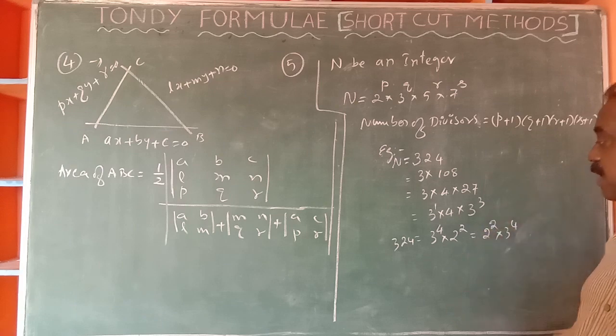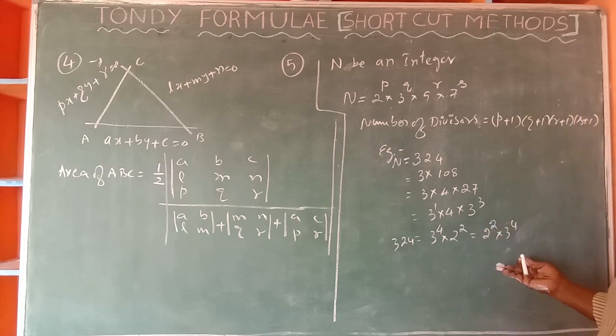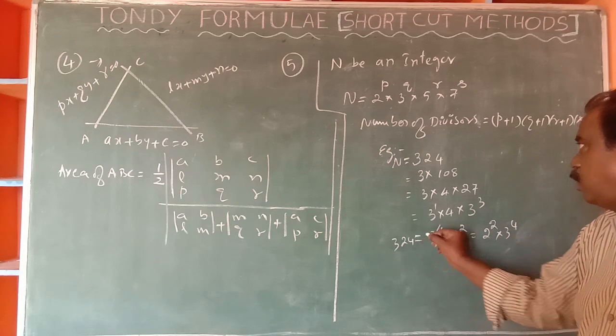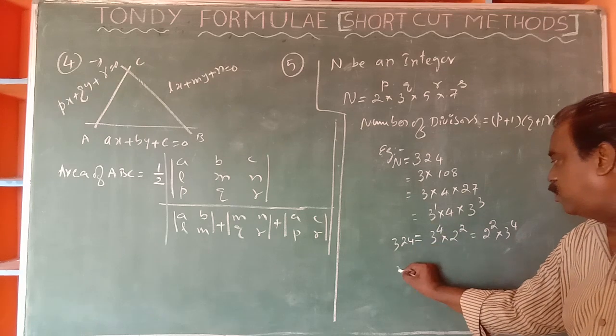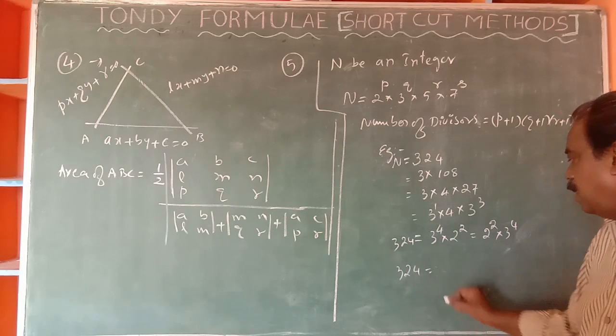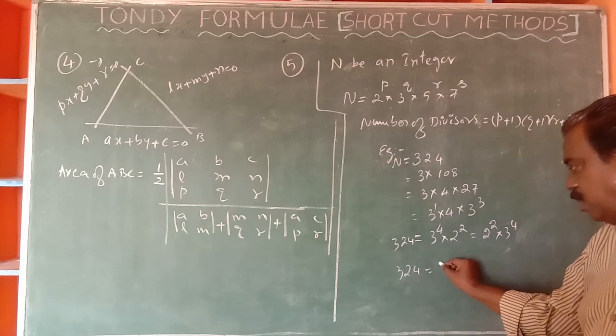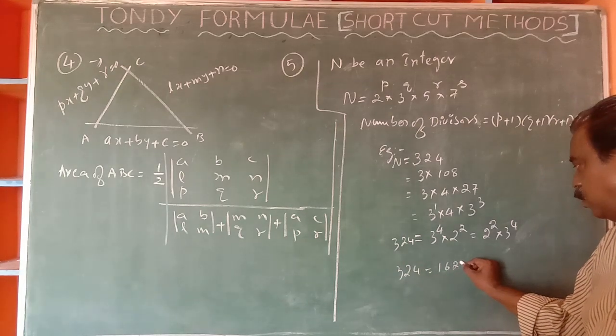Then the number of divisors. In this case, we may feel that 2 and 3 are the divisors. No, not only 2 and 3. You see, this 324 can also be written as 162 into 2.